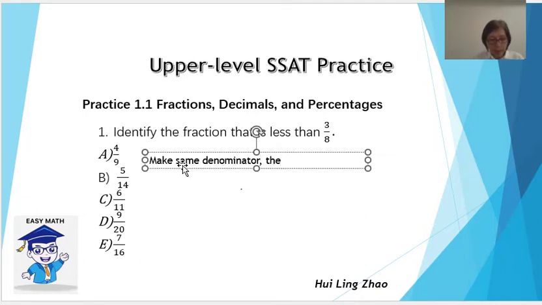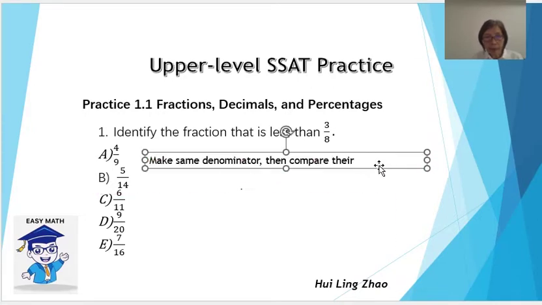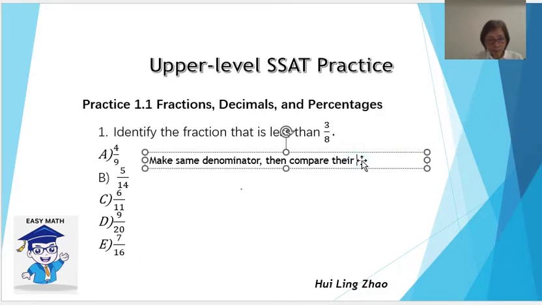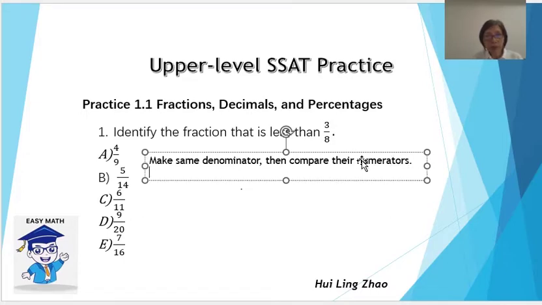And then compare their numerators. So there are 2 processes, right?